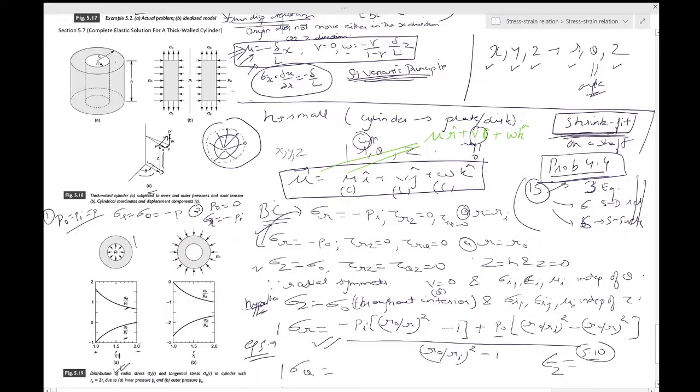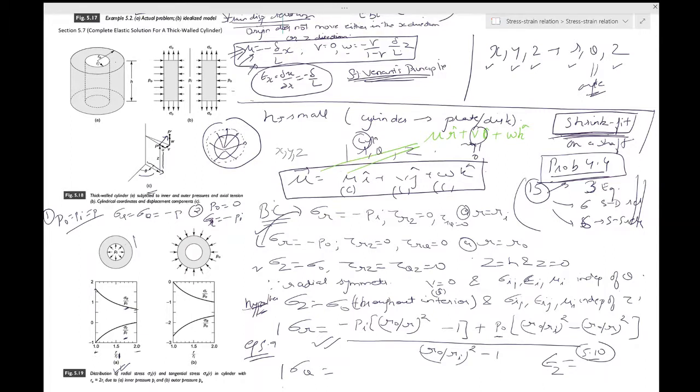Yes, it is given that the outer radius is 2 times the inner radius in your textbook, and that is why sigma r increases from -1 and goes to 0, and similarly sigma theta decreases from a value over here to a value close to, say, 0.5. One of the important things is that sigma theta will not become equal to 0. You can see that from the equations and the graph as well.